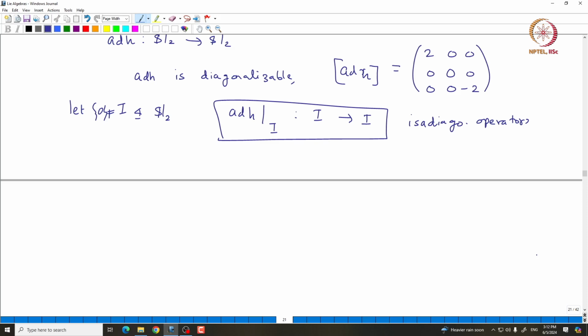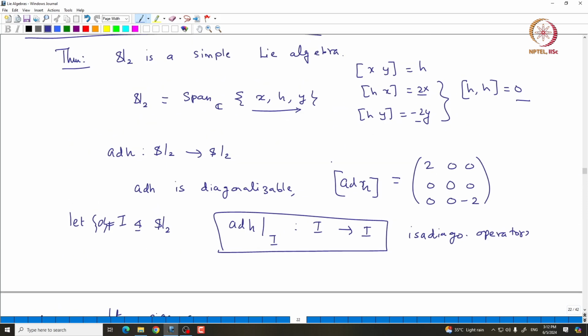Since all the eigenspaces of SL2 are one dimensional, that tells us that at least one of the eigenspaces, let us call them V2, V0 and V minus 2, lies inside I. Basically V2 is spanned by x, V0 is spanned by h and V minus 2 is spanned by y.